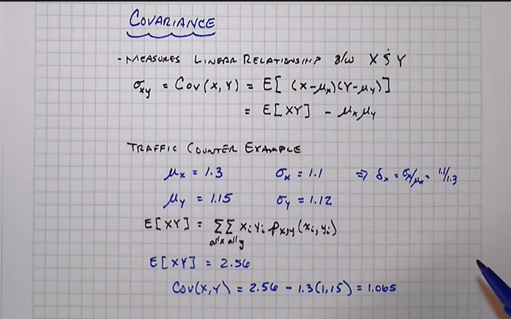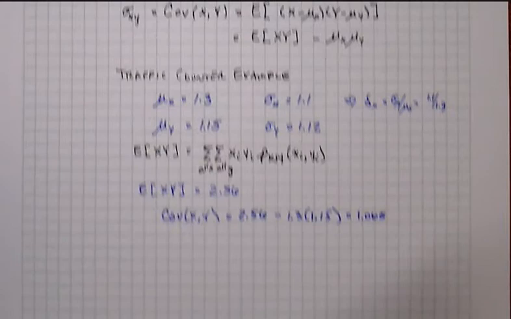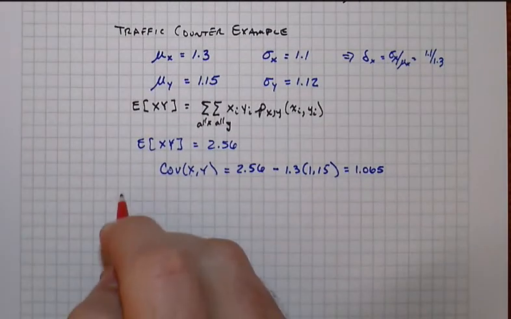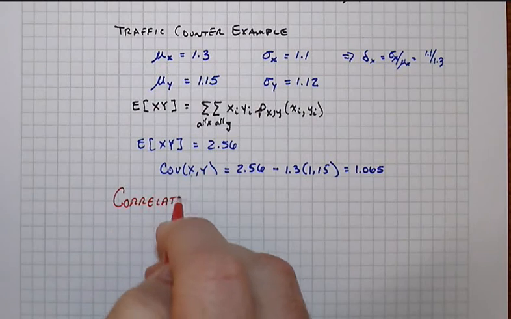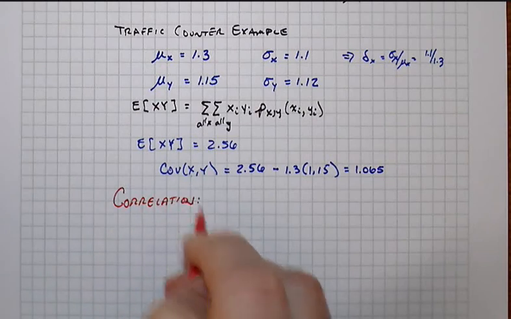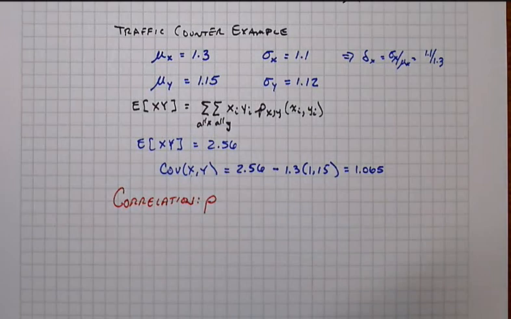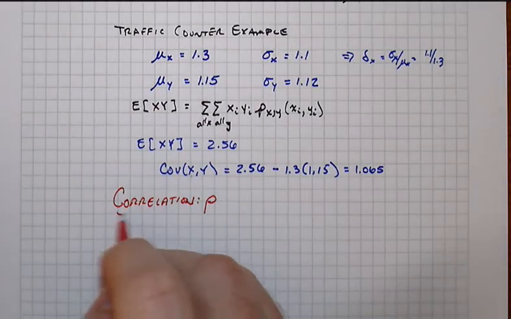We aren't going to use exactly that here, but it's a similar notion: we're going to normalize this with a concept called correlation, with the symbol rho. And that's our correlation coefficient.